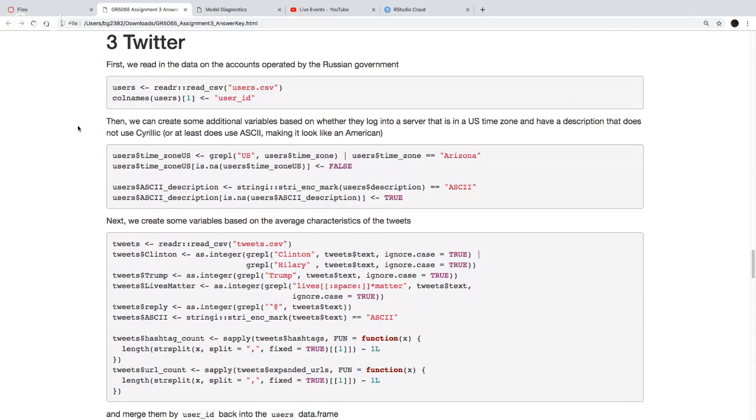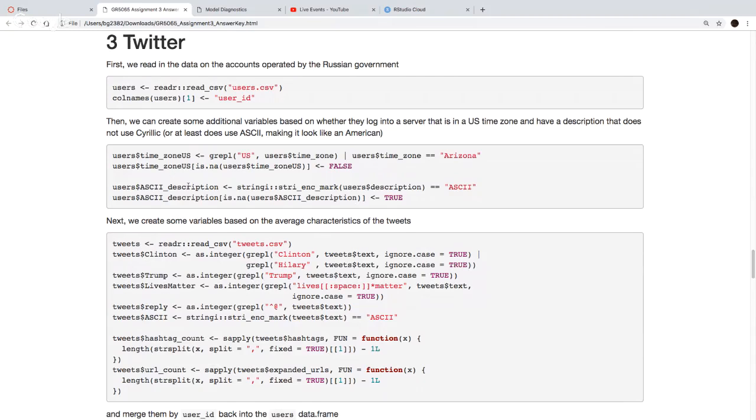Others were just like lazy and just logged in from like Russia somewhere. Sometimes people had like descriptions of themselves in their Twitter profile that were in Russian. So how anyone got fooled by that is a little bit disturbing.